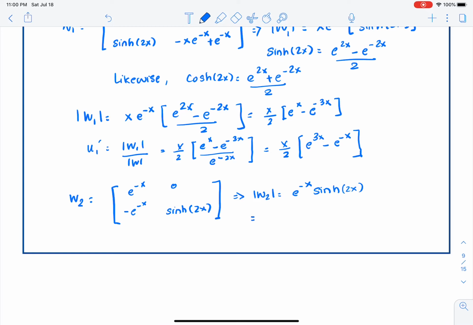We can use the same trick that we used before, convert it to exponentials, divide by 2 and distribute.